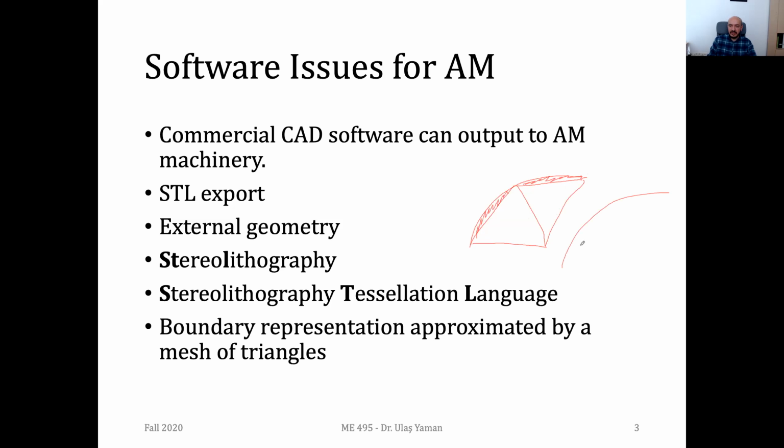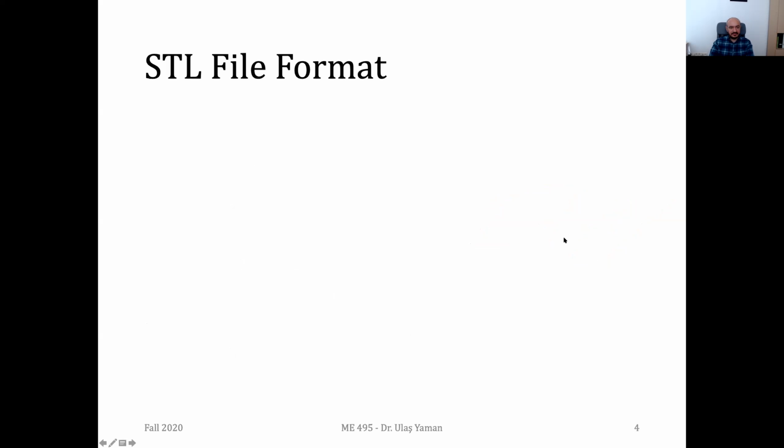But if you use more triangles than the previous case, then you are increasing the accuracy. Still, even if you use an infinite number of triangles, it will not be as accurate as the original geometry. But obviously, you can increase accuracy as you increase the number of triangles.